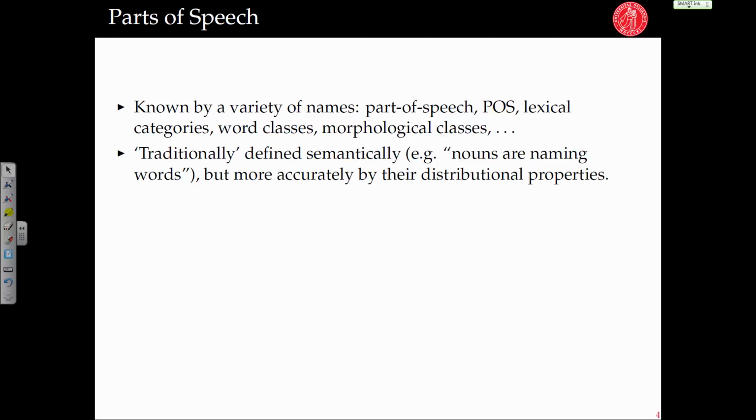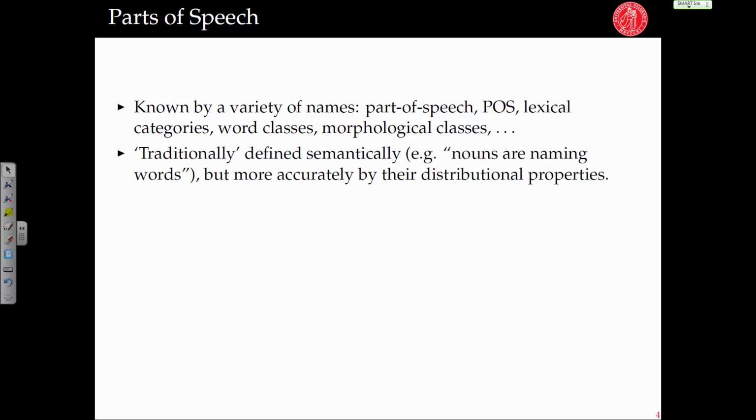We can speak about part of speech tags, or abbreviated, the acronym POS, lexical categories, word classes, morphological classes. All of these refer to the same concept. So we talk about part of speech tagging or lexical categorization, for example.